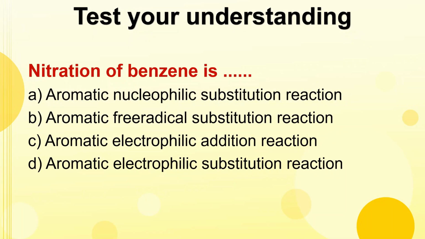Now test your understanding. Nitration of benzene is option A, aromatic nucleophilic substitution reaction. Option B, aromatic free radical substitution reaction. Option C, aromatic electrophilic addition reaction. Option D, aromatic electrophilic substitution reaction.